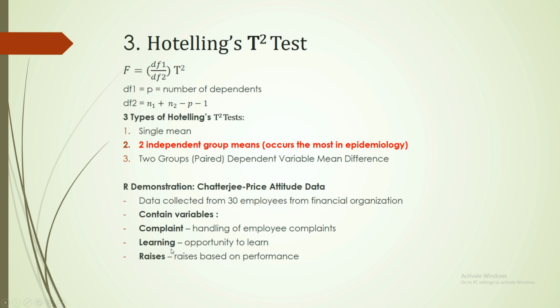The learning variable describes the employees' attitude towards how the company offered opportunities for them to receive training so that they can be better at their jobs. The variable raises is the employees' attitude towards how employees received raises based on their work performance.